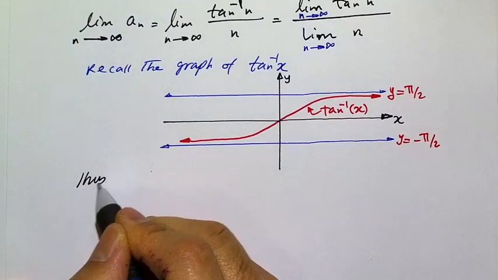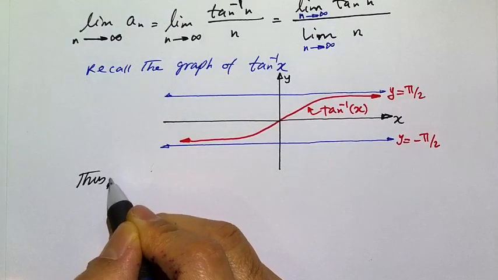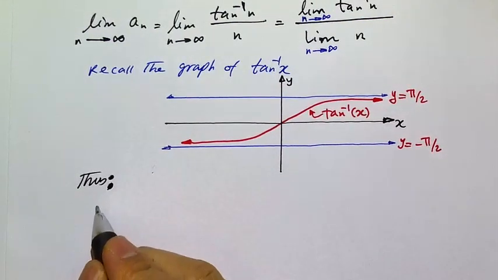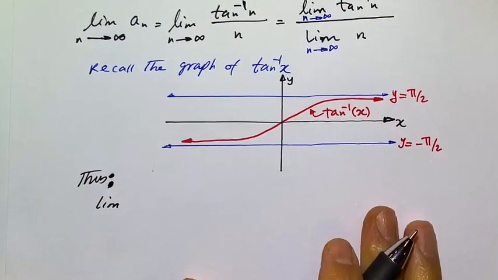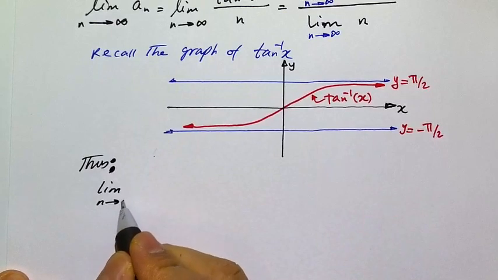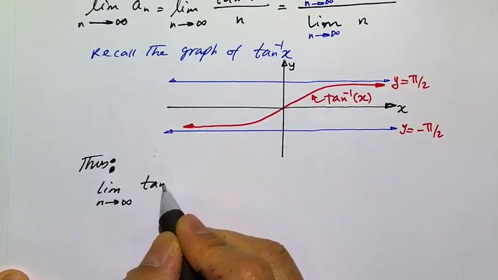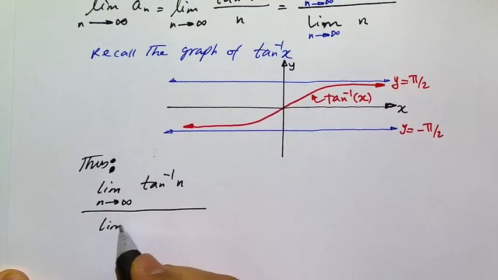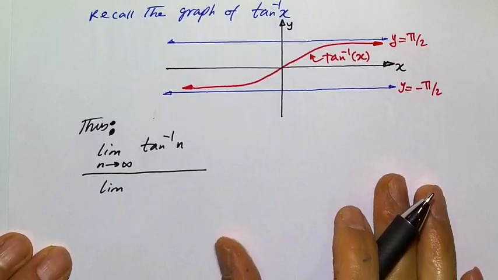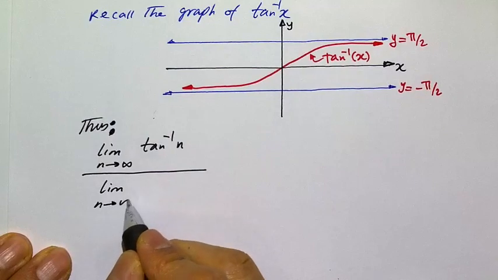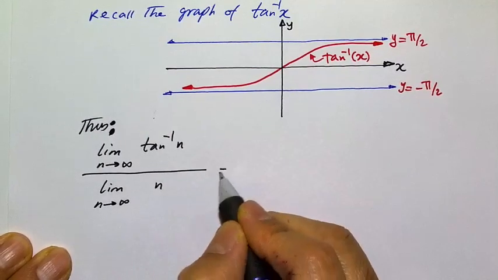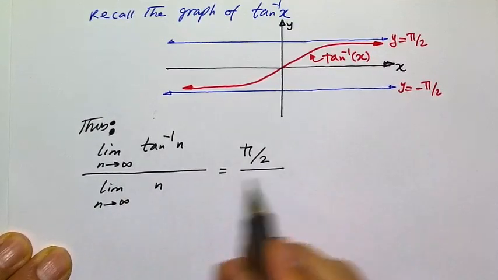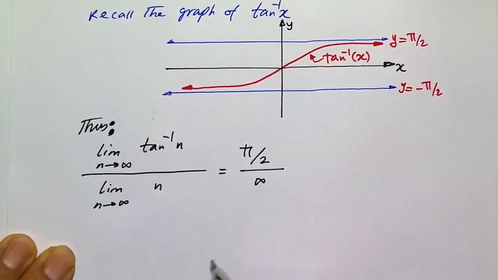Thus, I just drew the graph to remind you of that. And so, thus the limit of n would be equal to pi over 2 in the numerator, and of course this will be just infinity.